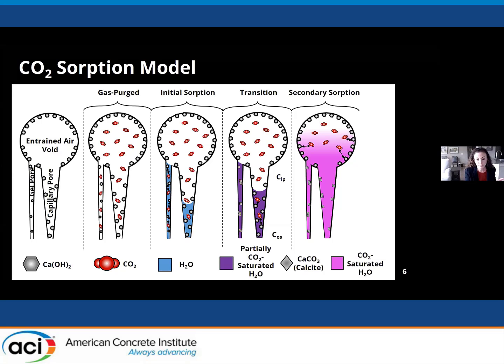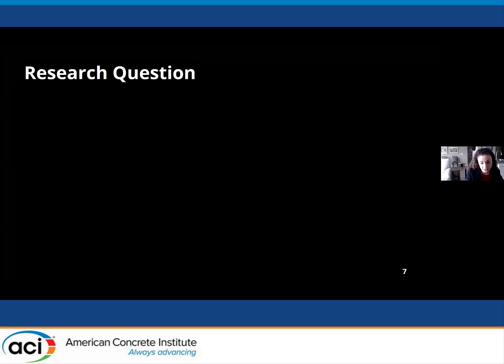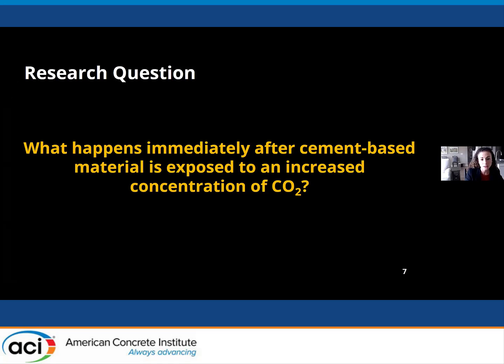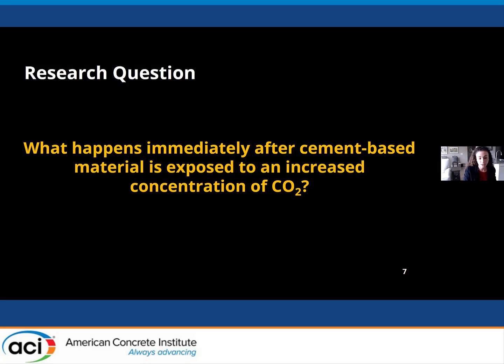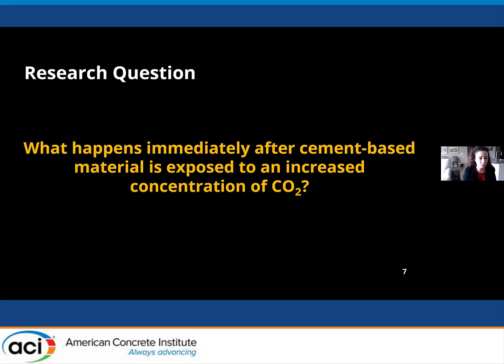But another bigger takeaway from this research is that CO2 is reactive, and that's what was really interesting about this work. So the next question that popped into my mind and that I wanted to research was, what happens immediately after cement-based material is exposed to an increased concentration of CO2? What we just looked at was a pore system with CO2 that we exposed to water.